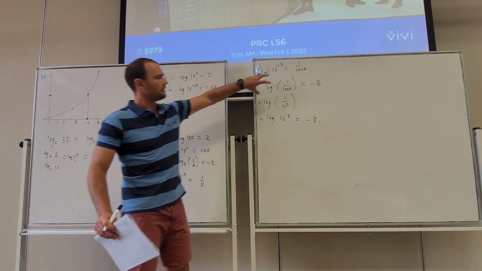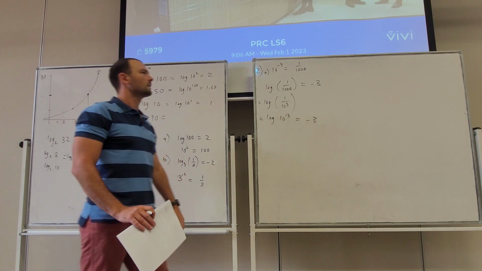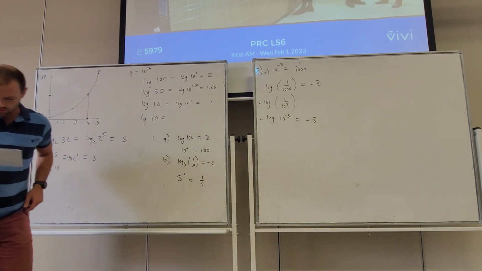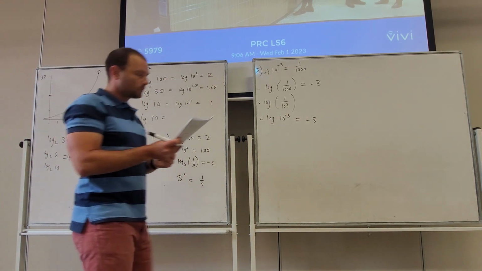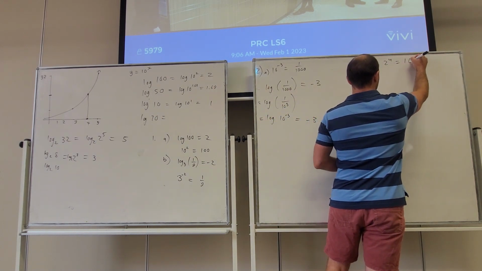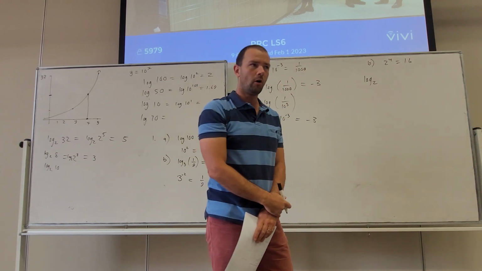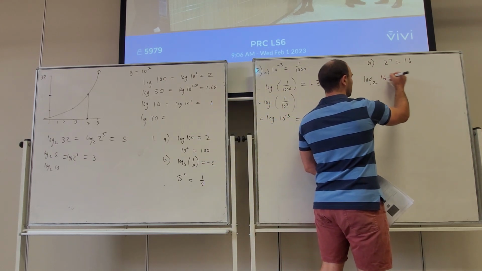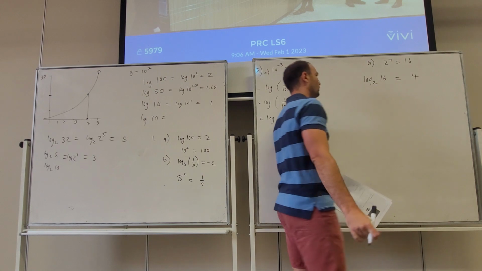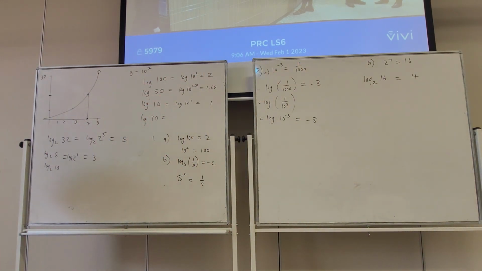So you can see that's equal to minus 3 because of this process. We've got one more example. We have 2 to the power of 4 equals 16. So this time we have log in base 2 of 16 equals 4. We're jumping from an exponential statement to a logarithmic statement.